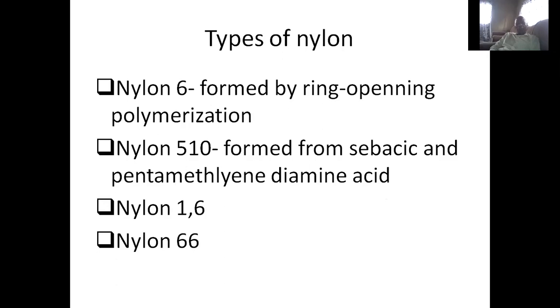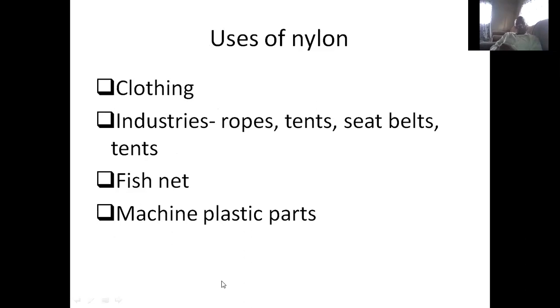So we have nylon 6, nylon 510, nylon 6,6. All these are used according to the areas where you would want to use them. And so you can form the particular monomers to meet the demands that you want to provide.